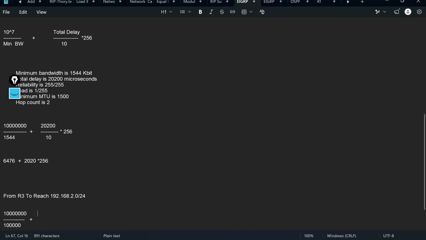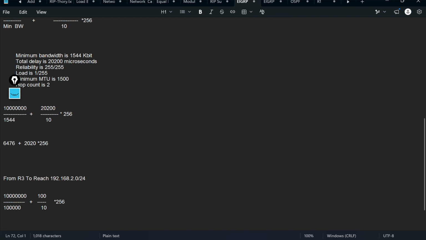The total delay is 100 microseconds divided by 10, multiplied by 256. Now 10 to the power of 7 divided by 1 lakh: the value is 100, just cancel 5 zeros.